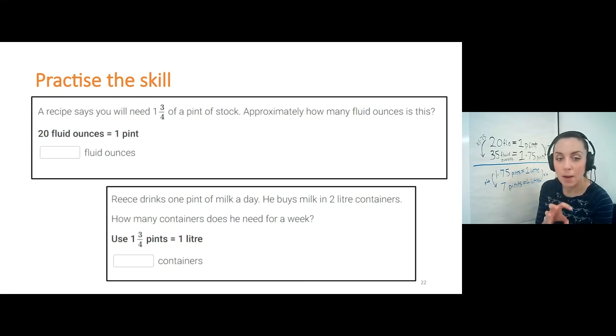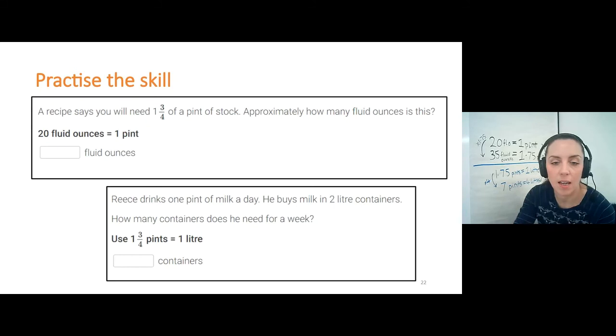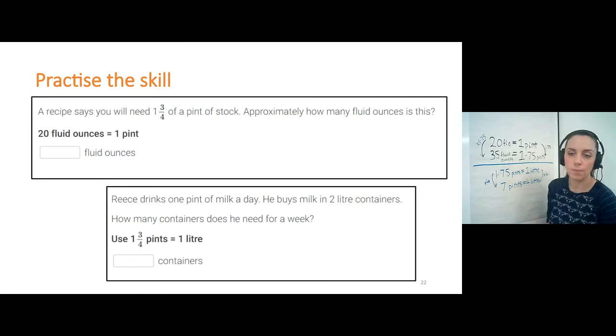Once we know how many pints he drinks in a week, we can convert that into litres, then find out how many litres he needs if the milk comes in 2-litre containers. You can use whatever method you find suitable to do that division. A question like this, you're probably going to get on a calculator paper anyway.